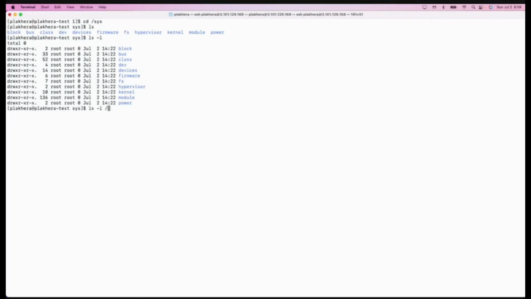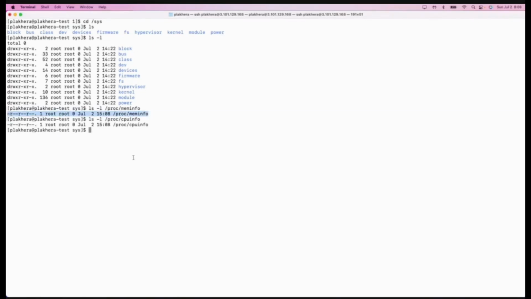Similarly, if we look inside proc meminfo or proc cpuinfo, all these files are 0 bytes in size, right? You see this column, 0.